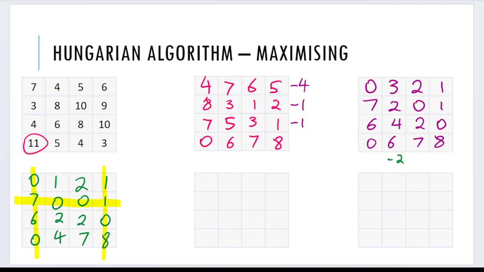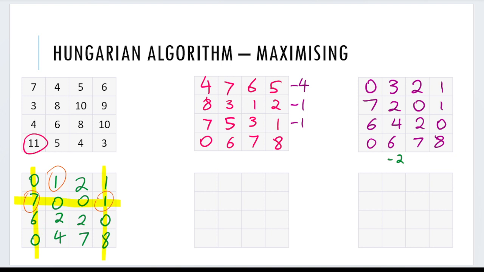So in this case, what we need to do is find our minimum number that is not covered, which is 1. We are going to subtract that 1 from everything that is not covered at all. We are going to add that to things that are covered twice. And the values that are only covered once stay the same.